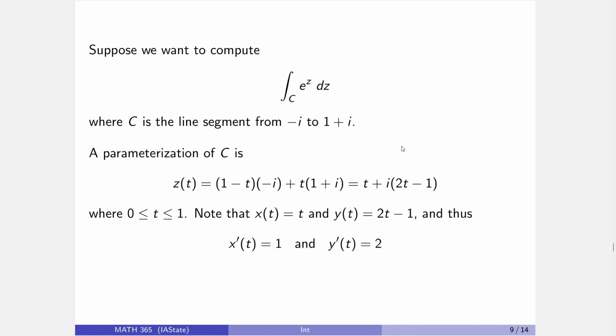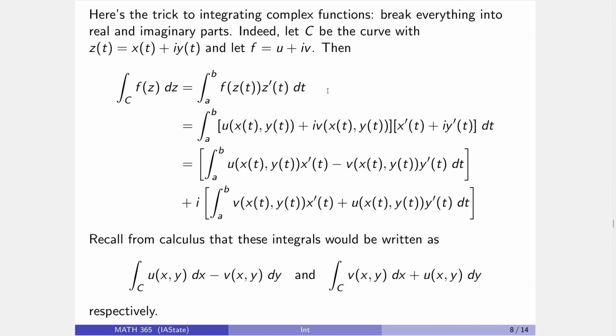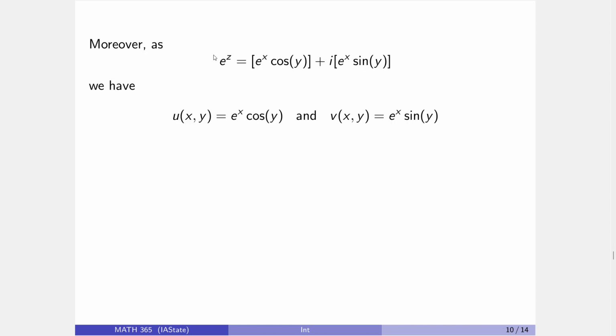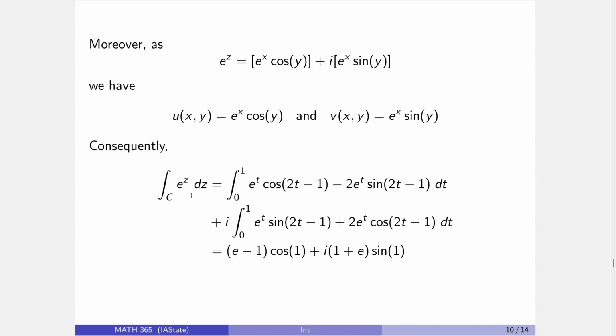In order to actually compute the integral, we've taken care of the curve part of it, so we've got our x's, our y's, and our derivatives. Now we just need our u's and our v's. Recall e to the z, its real and imaginary parts are as follows. The u part is e^x cosine y, the v part is e^x sine y. Now if I want to actually do the integral, the parameterization went from 0 to 1.